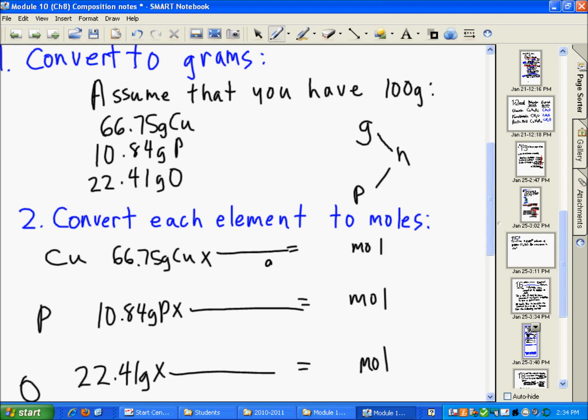We know we've got to have grams in the bottom, and moles will have to be on top so that our grams will cancel. We need the grams per mole for copper. Where can we find the grams per mole for copper? Atomic mass. We'll find it from the periodic table, from the atomic weight.